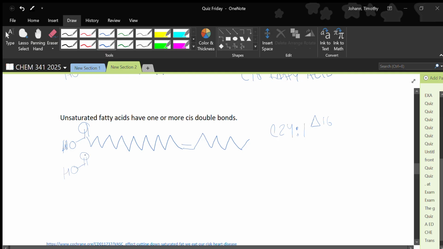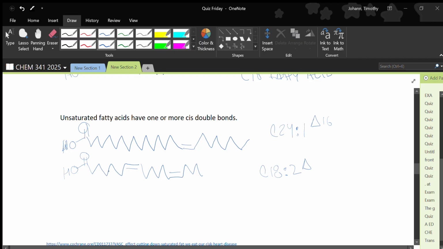So now if I had two double bonds, let's say we've got this one. This one is 2, 4, 6, 8, 10, 12, 14, 16, 18. C18, colon 2 for two double bonds. And then we're going to go delta, and we'll talk about where they are.